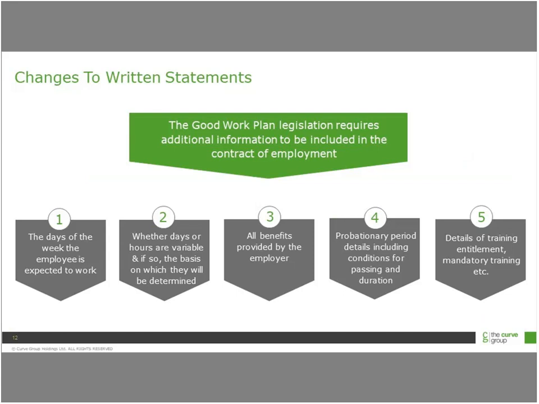Okay, so we've already covered what should be included in the written statement. However, it is worth noting that some of this information was only added to the requirements as part of the Good Work Plan, which is required for additional information given in the contract.